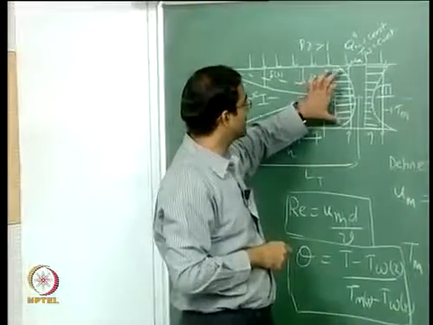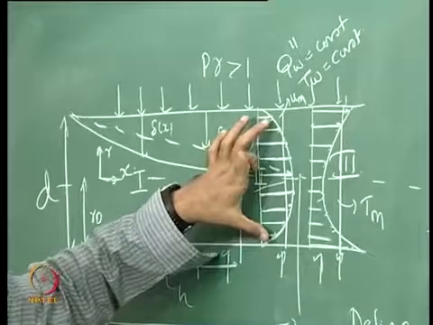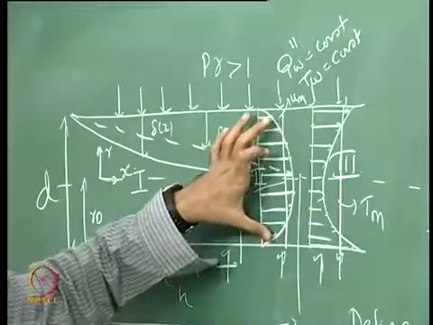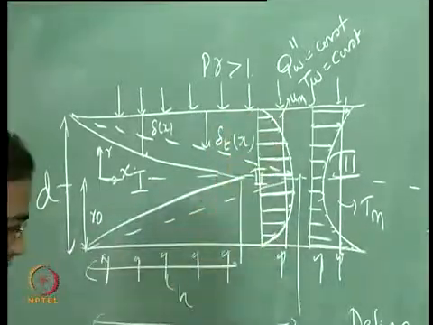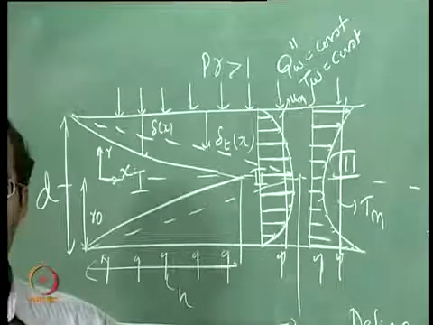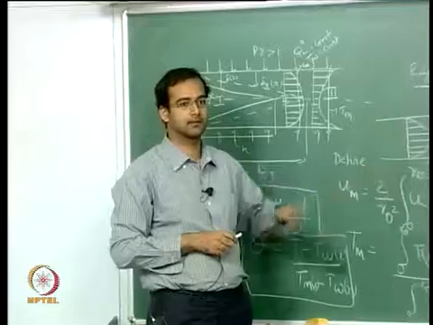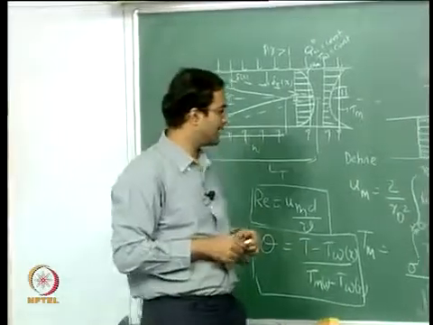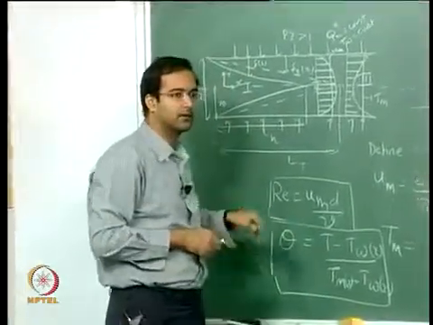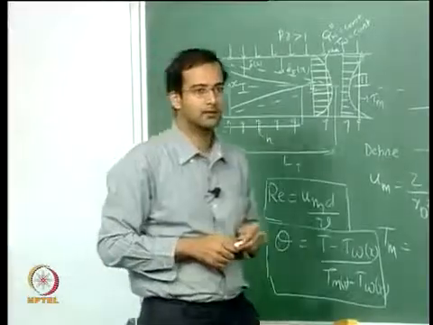So the mass flow across this particular cross section in this profile should be equal to that of the uniform profile. If you do that, you will get a definition for the mean velocity, which we saw yesterday, and based on that you define your Reynolds number.